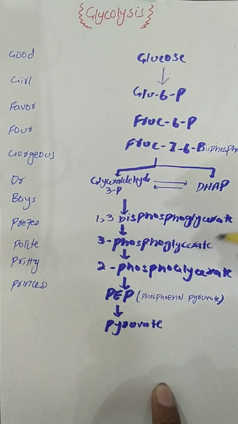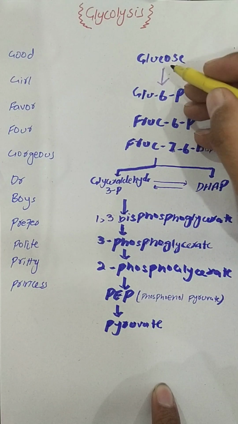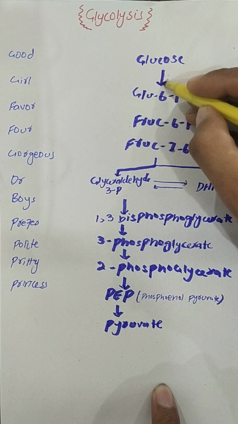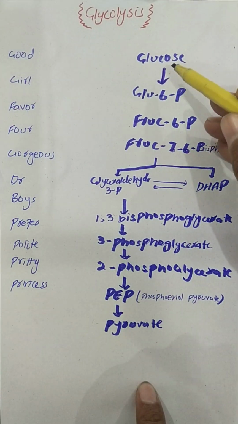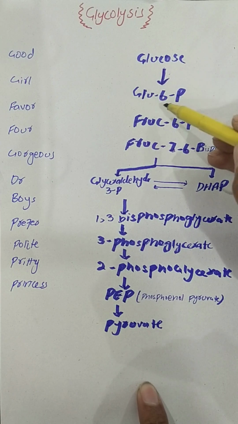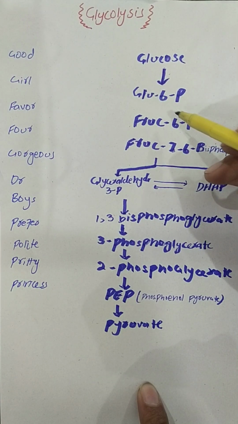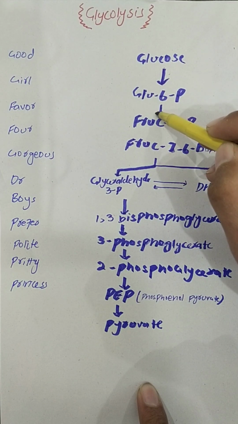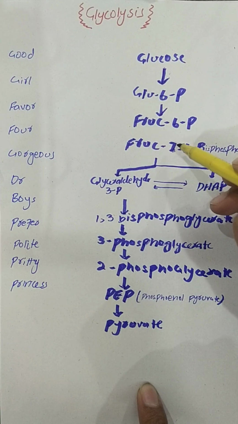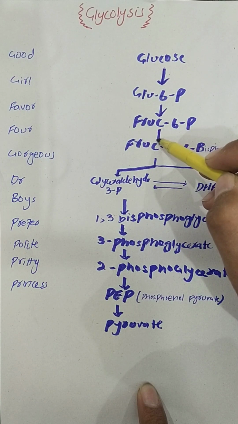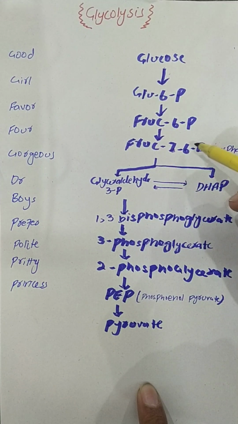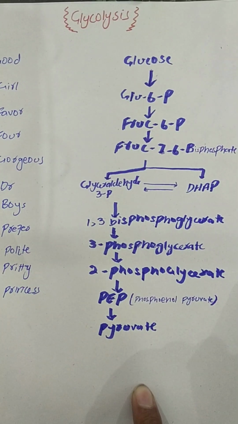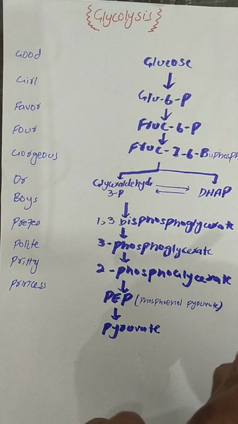Okay, first of all, let's see how this process will occur. In the first step we have glucose, which is converted into glucose 6 phosphate. Then this glucose 6 phosphate is converted into fructose 6 phosphate, and this fructose 6 phosphate is converted into fructose 1,6 bisphosphate. So this is very simple.